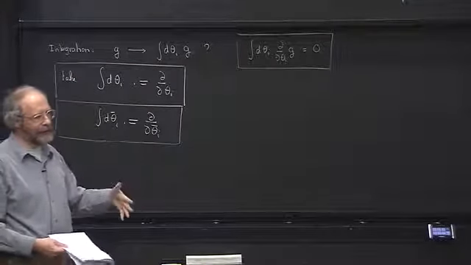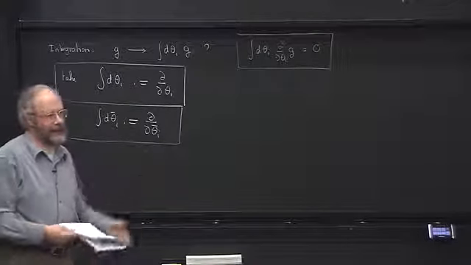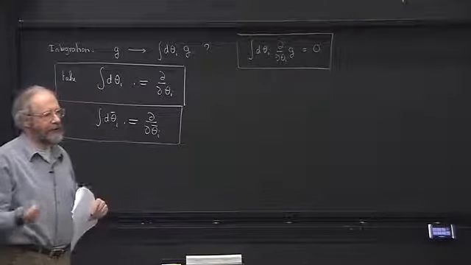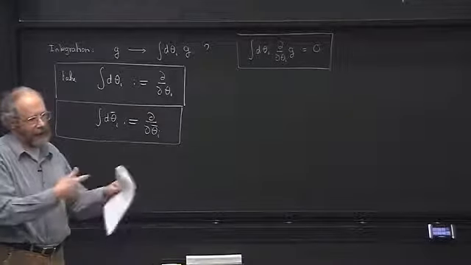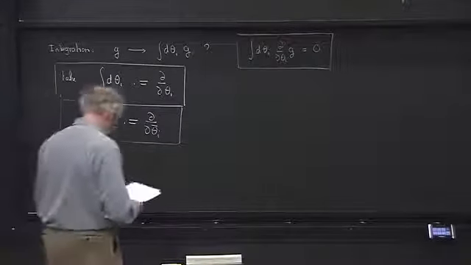So it's not a function of this theta i. That's what we expect from an integration. You have a function that depends on several variables, you integrate with respect to one variable, so you get a function that depends only on the remaining variables.